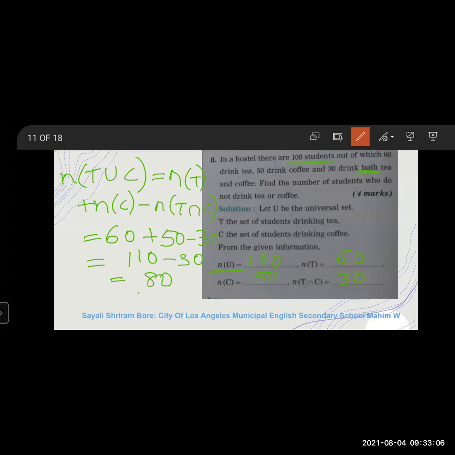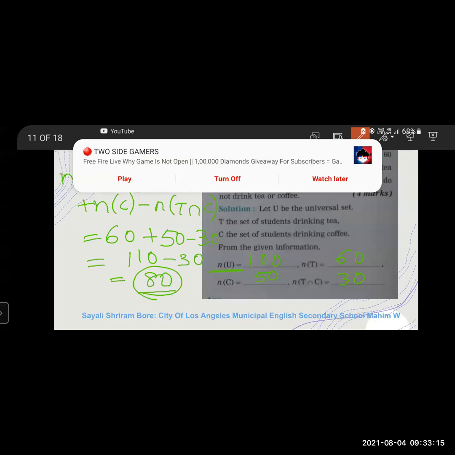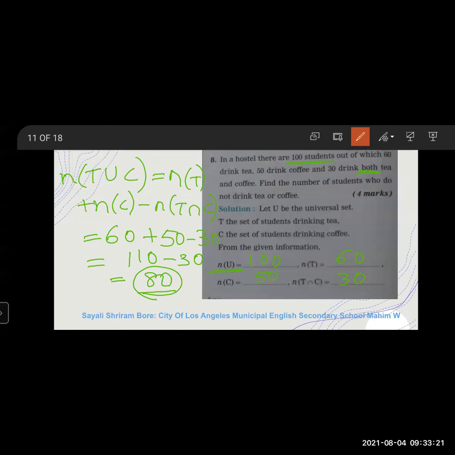First we have got this answer as 80, and you will subtract it from the universal set. How many students are there in the universal set? That is 100. Why? Because you have to find the number of students who do not drink tea or coffee at all.